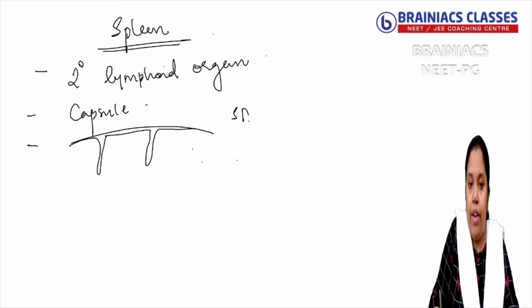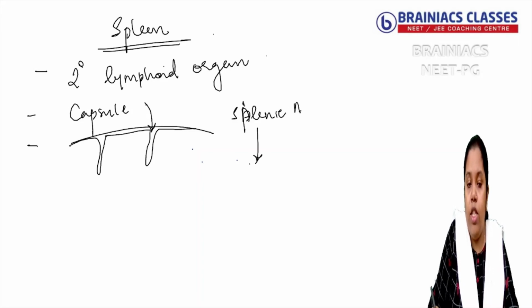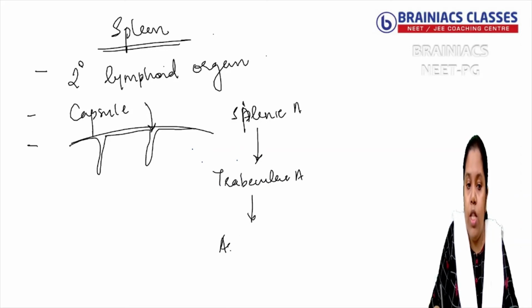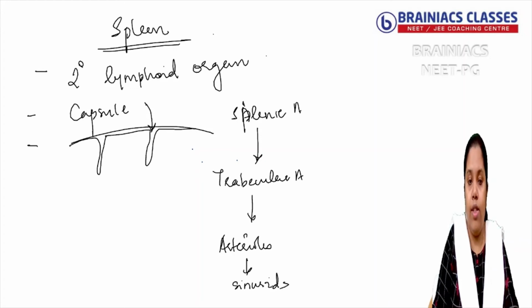The splenic artery enters into the trabeculae, forming trabecular arteries. These later form the arterioles, and they give rise to sinusoids. This is how the division occurs.